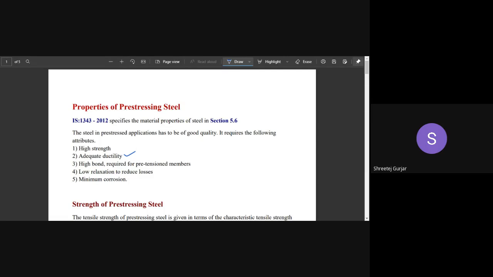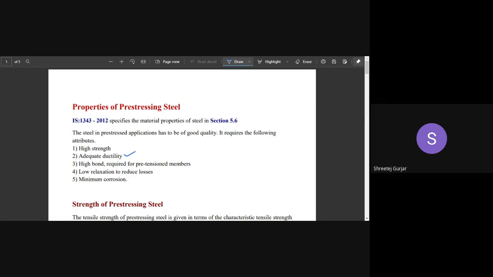It is not held in place at the end by end anchorages. It is held in place directly because of the bond between concrete and steel. Because of this, we need a higher bond strength of our pre-stressing steel. This property is especially important in pre-tensioned members.